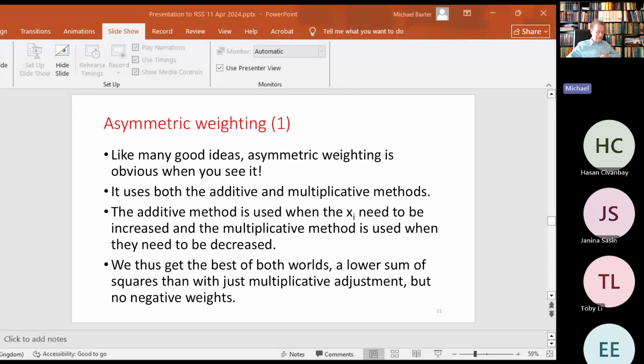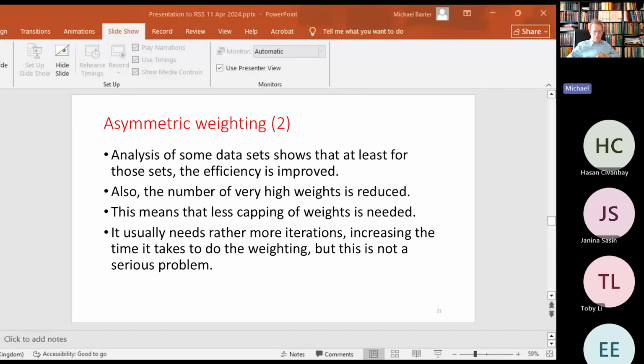And you might say that's very well in theory, but can we prove it in practice? I've tried this on a number of data sets, and at least for those sets, the efficiency is improved because we've reduced the sum of squares. Also, the number of very high weights is reduced, which, as I say, means there's less capping of weights needed if the client does insist on weight capping.